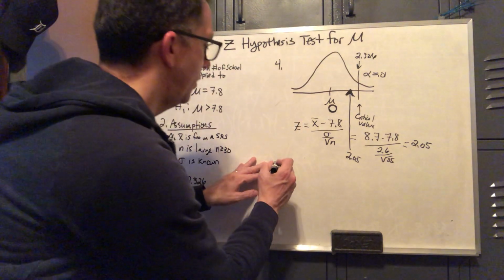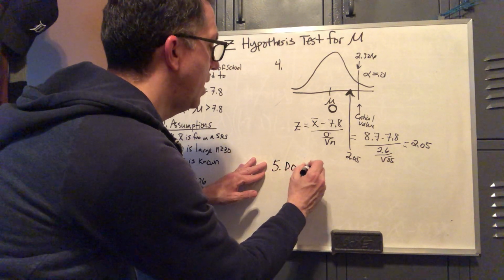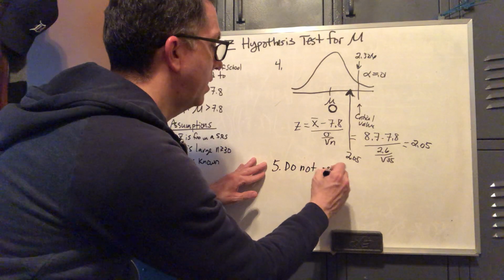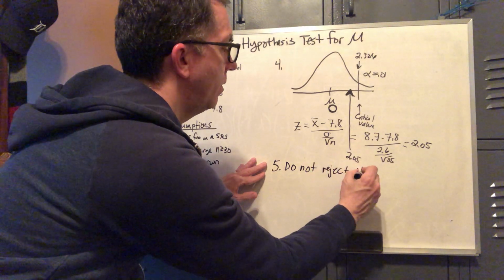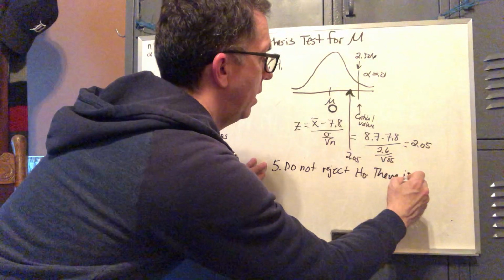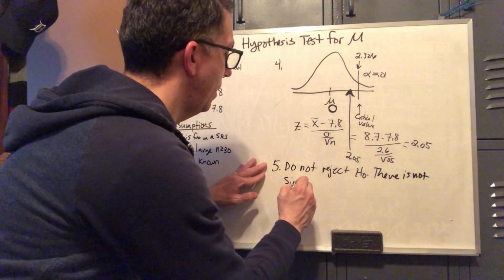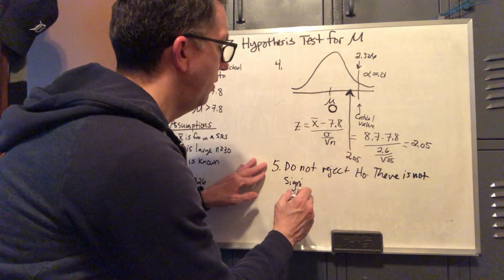Okay, so I can get to my conclusion now. We are not rejecting. Do not reject. I'm going to write H0. That's the null hypothesis. There is not significant evidence. The reason I write significant is because these are called tests of significance.